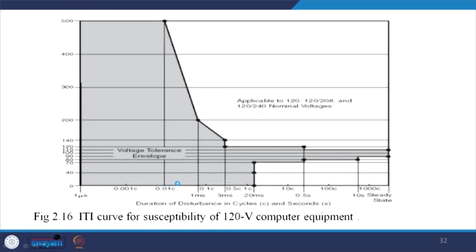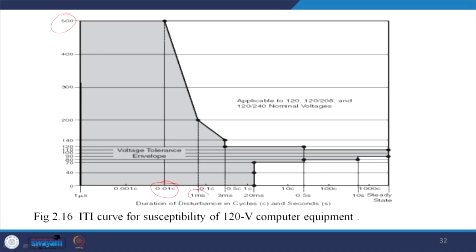So, this is quite an elaborate curve. For 0.1 cycles, you can have 5 per unit voltage for a very small amount of time. Then within 1 millisecond it has to be brought down to 200%, and within 3 milliseconds it has to be brought down further.